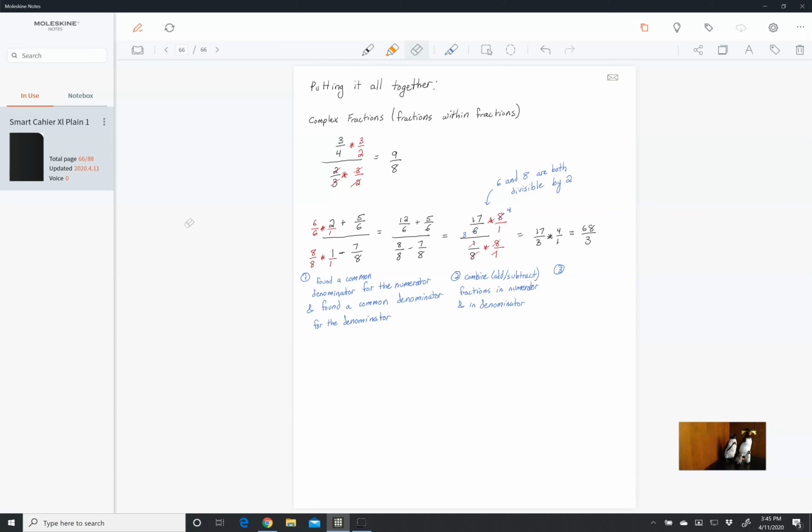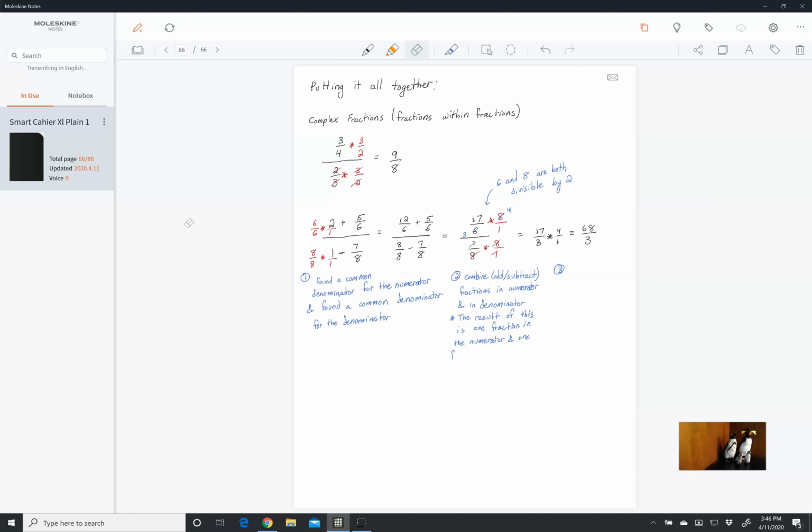And then now we have one fraction in the numerator and one fraction in the denominator. So this is important here. The result of this is one fraction in the numerator and one fraction in the denominator.